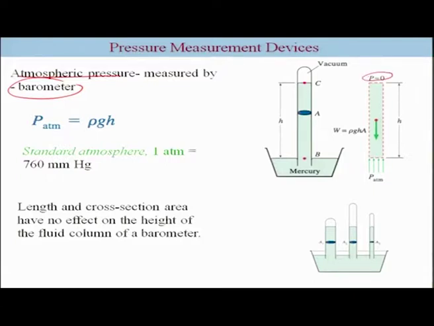You can apply a force balance and show that P atmosphere is nothing but the density of the fluid you consider, which is mercury, times g, the gravity, times the height to which it rises due to the pressure, and for 1 atmosphere this is 760 millimeter Hg. It also tells you that the cross sectional area of the tube has no effect on the height of the barometer, and even if you use a different column the height will remain the same, because of the simple balance here.